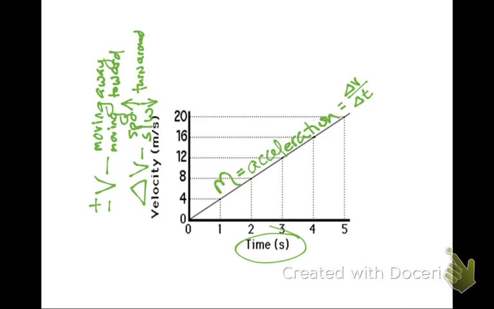You can tell how far by determining the area between the velocity graph and the horizontal axis, the x-axis. So if I were to figure out this area right here, that would tell me how far something traveled over this space.